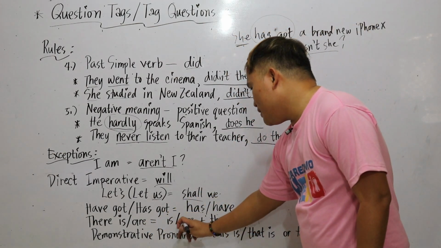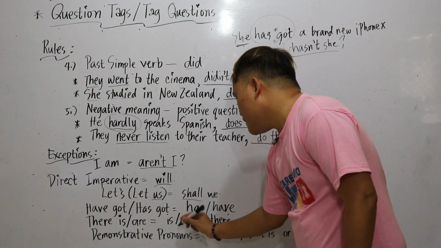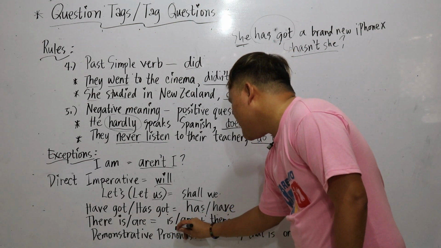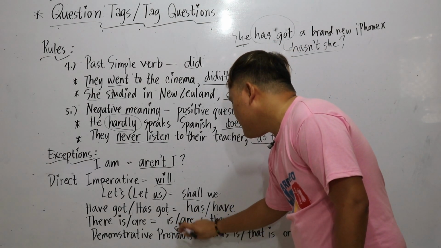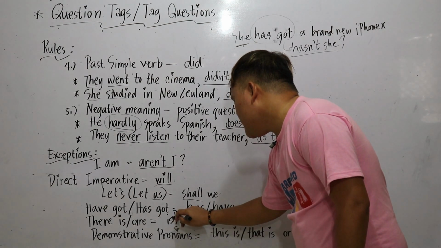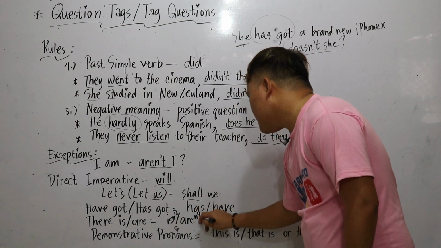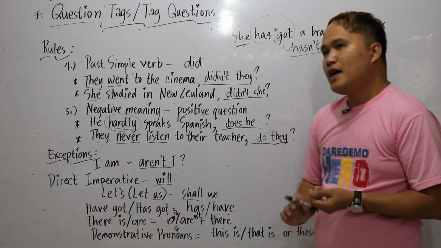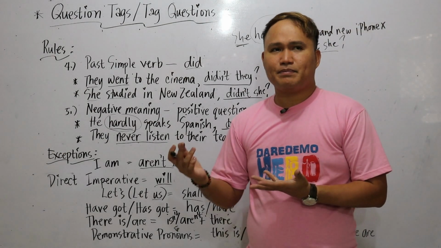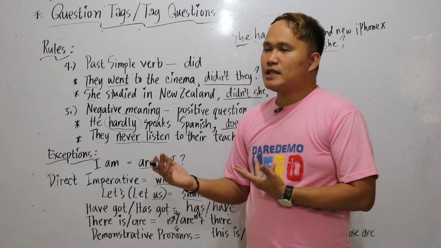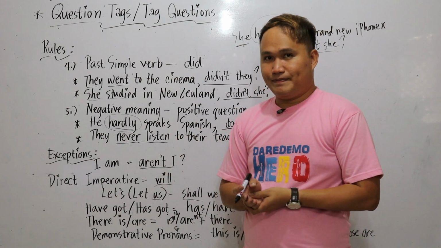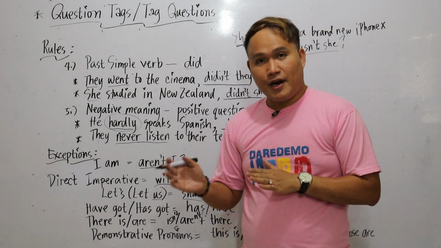Is not or isn't, aren't. There are a lot of people during the concert, aren't there?